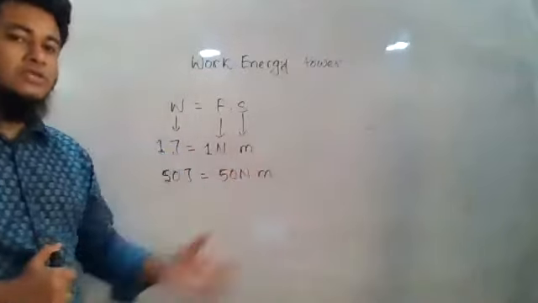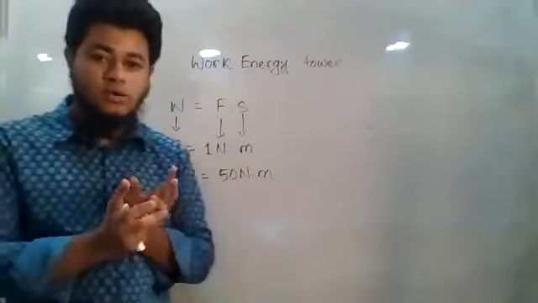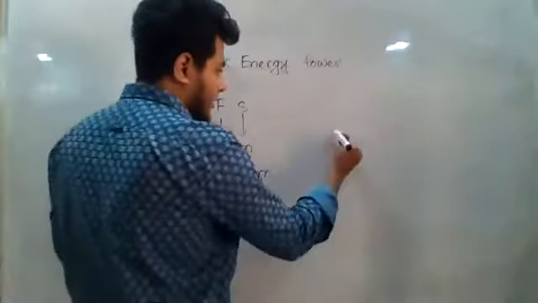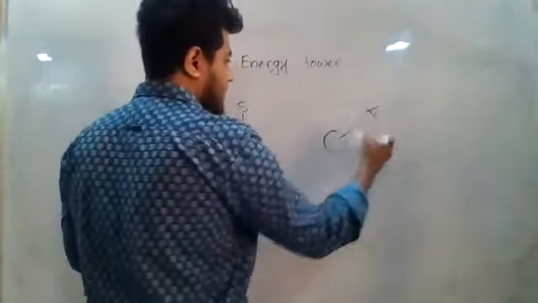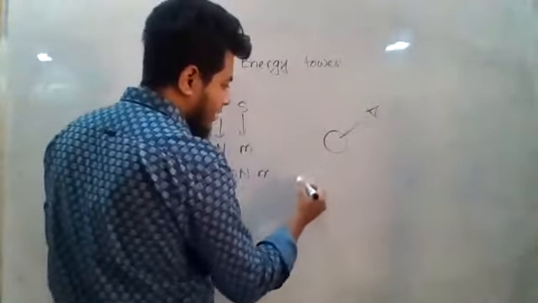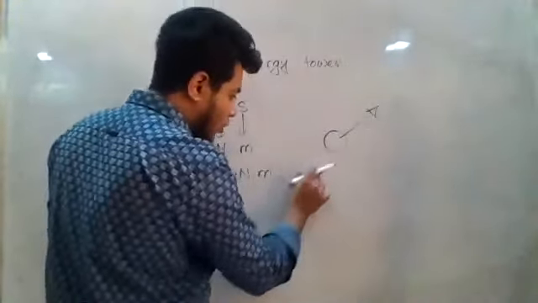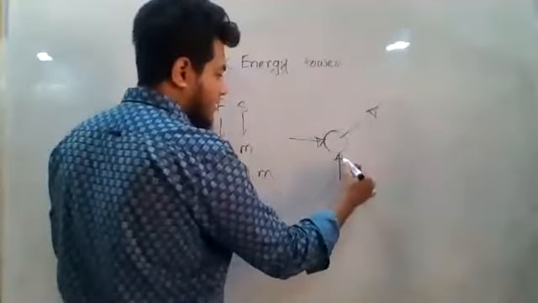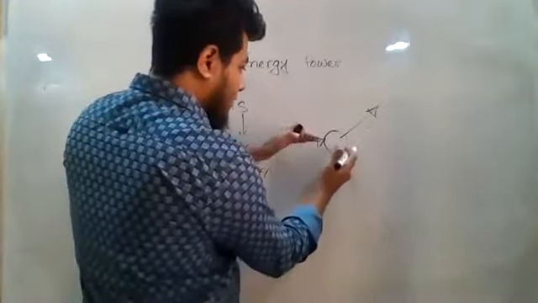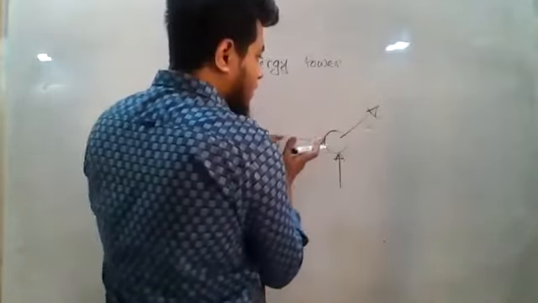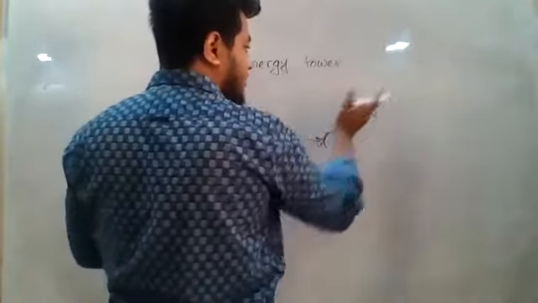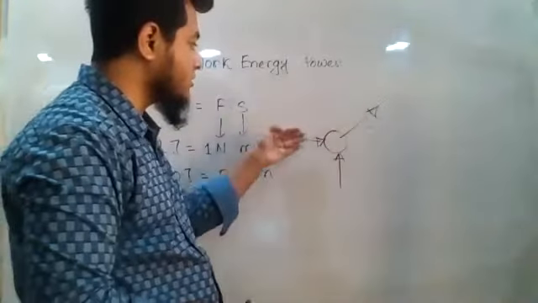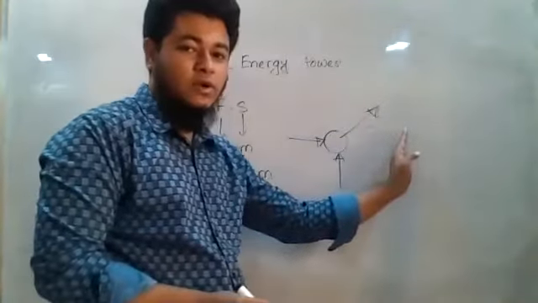But now we will see that on a particular body, several forces will be acting, okay? If a body is going in this direction, either a force is being applied in this direction directly, or it might happen that a force is being applied in this direction, and another force is applied in this direction. So due to the action of these two forces, resultant displacement is taking place in this direction. Due to this force, it is going in the upward direction. Due to this force, it is going in the rightward direction.